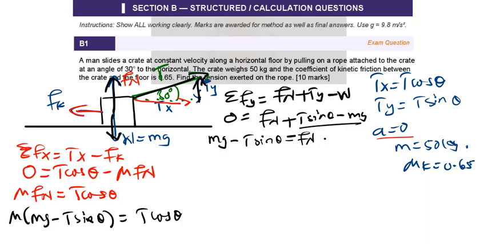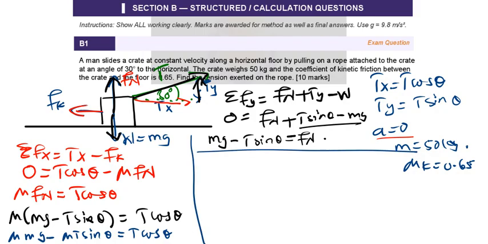Not a problem, right? Let's now distribute the mu value. So mu times mg minus mu times T sine theta will be equal to T cos theta. I don't have enough space, so I'll start from here.